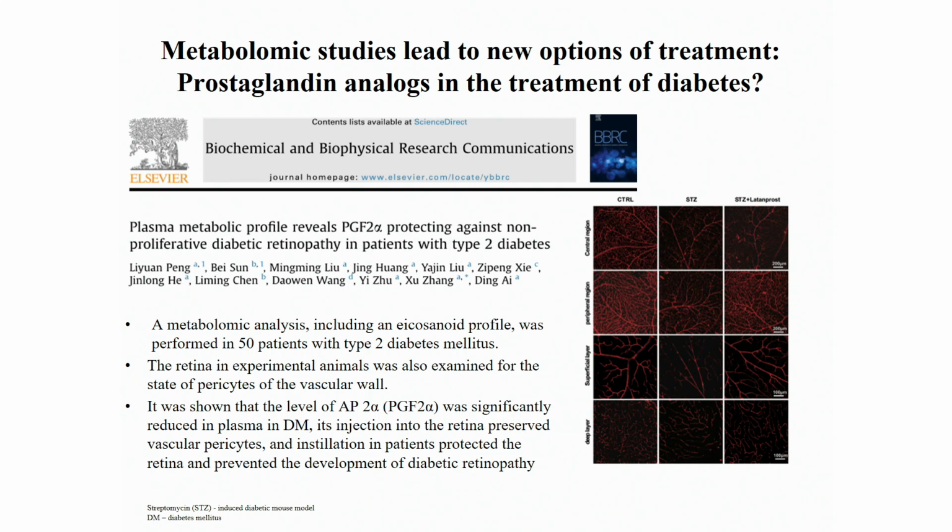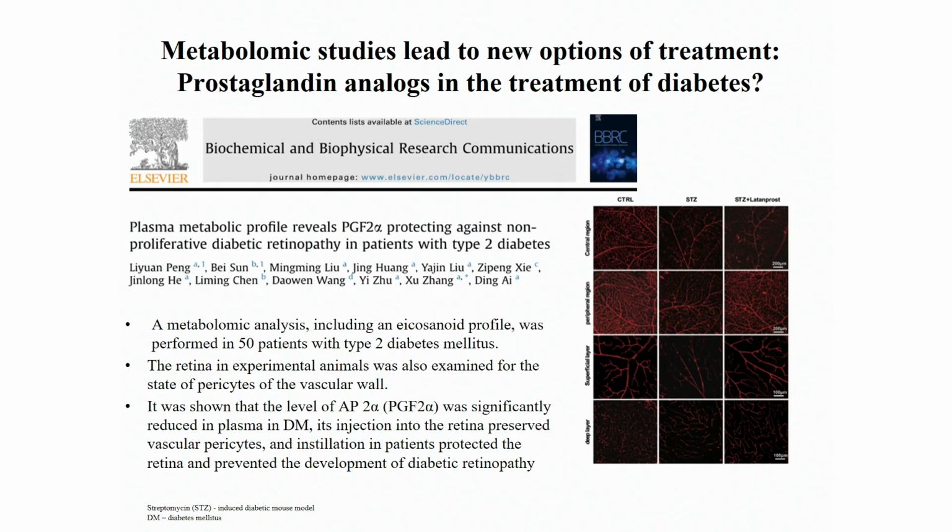When we studied the metabolic profile in case of diabetes, the level of these prostaglandins was very low, and we started treating lab animals with latanoprost, and we saw an improvement of the capillary conditions.